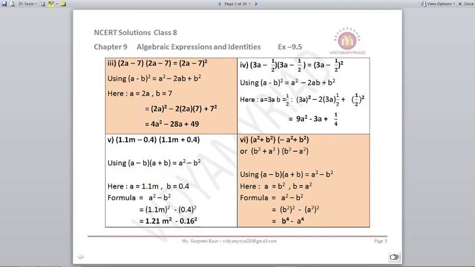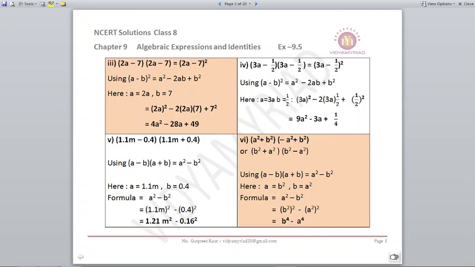Fifth part, (1.1m - 0.4)(1.1m + 0.4). Now here you see you have a - b and a + b, which means you need to learn (a - b)(a + b) is a square - b square. a here is 1.1m and b here is 0.4.